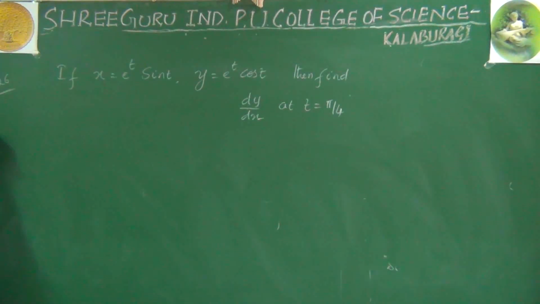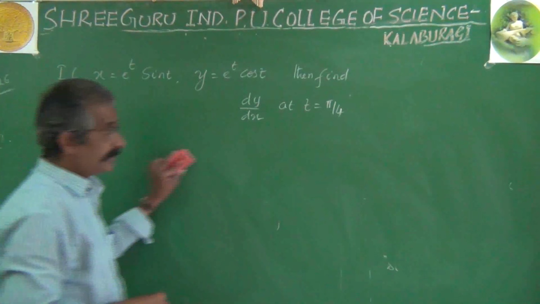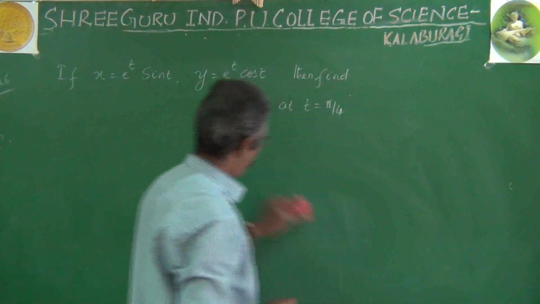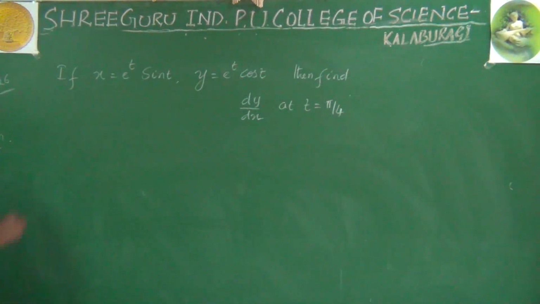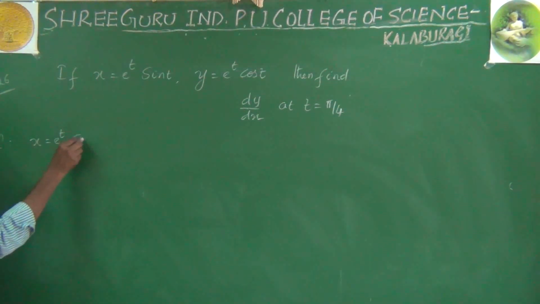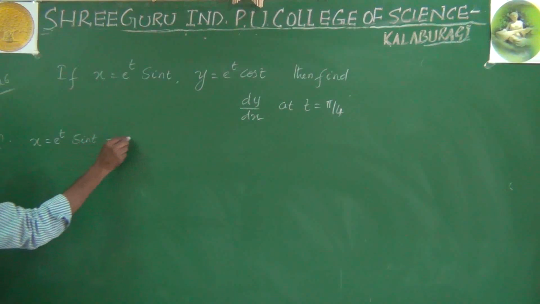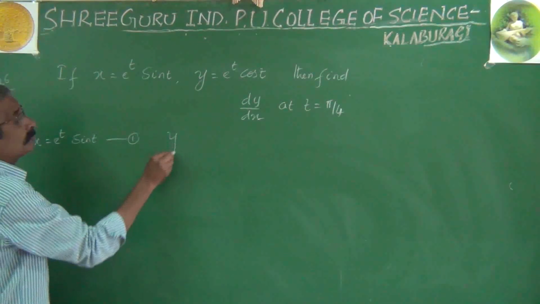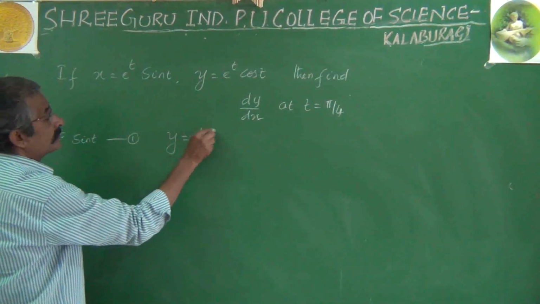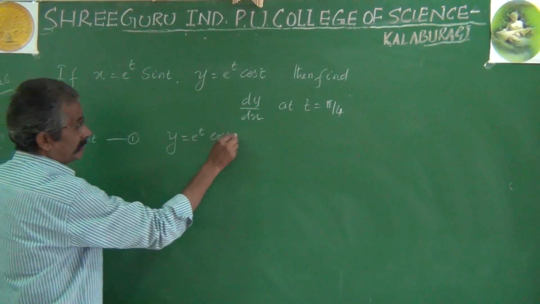Solution. First write again the given parametric equations. Given, x equal to e power t into sin t, call equation 1. y equals e power t into cos t, call equation 2.